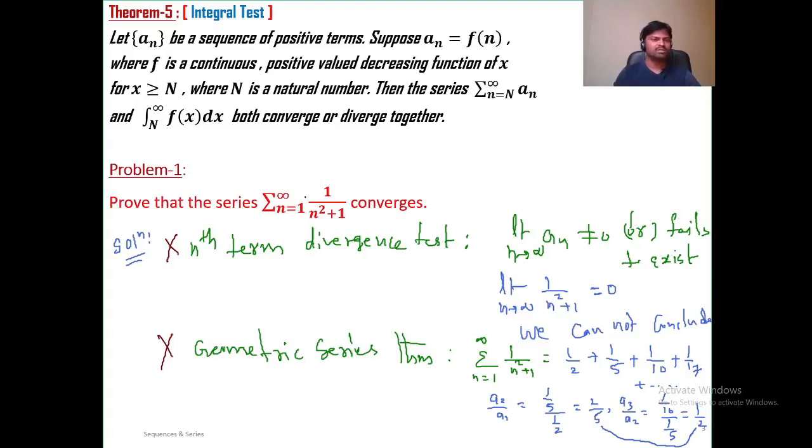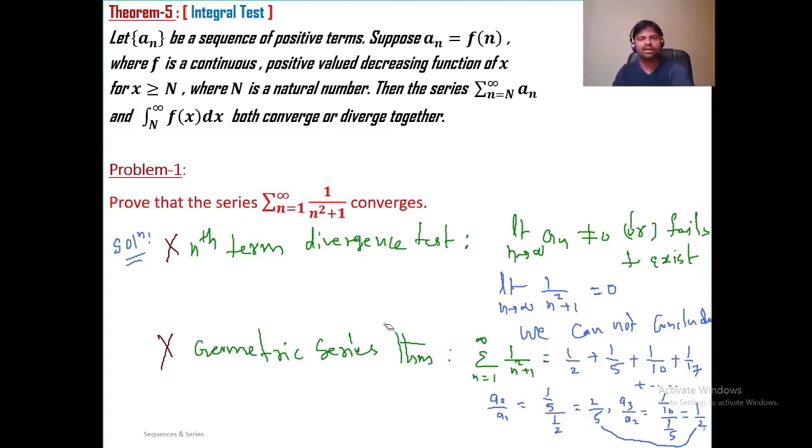The question is to show that it converges, that means I need to show the sum is finite. What that finite value is, I don't want. Only the geometric series theorem gives the exact sum, not the integral test.